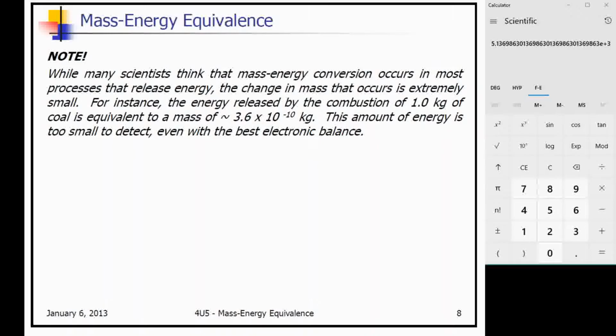It's on the order of 10 to the negative 10 kilograms that is lost. That is such a small amount that even the best electronic balances cannot detect it. That small mass defect is what gives us our output energy for burning coal.